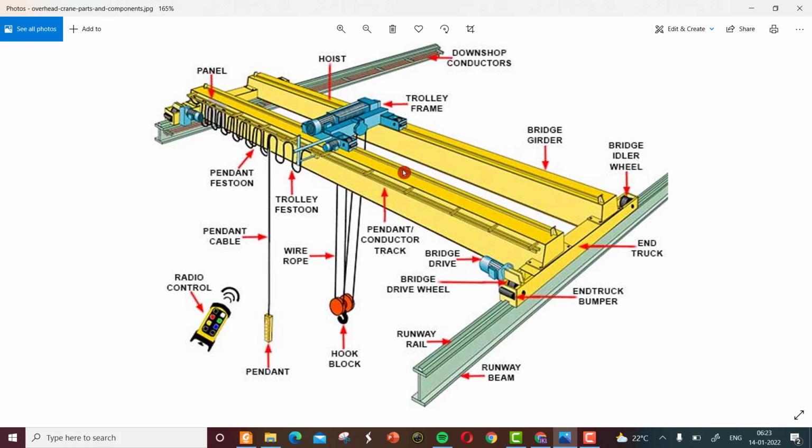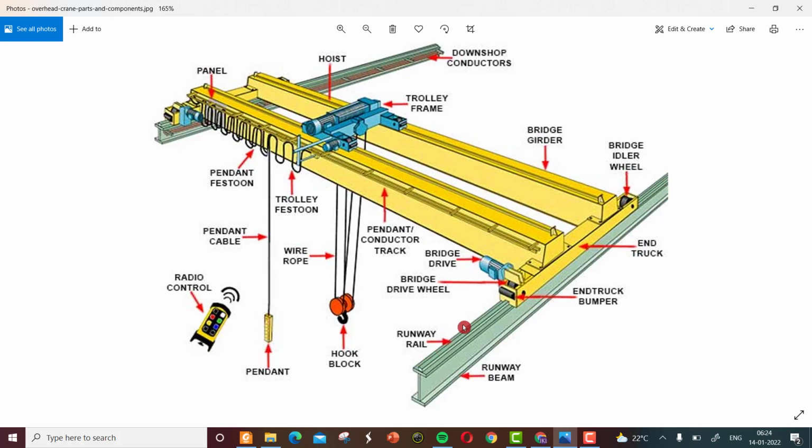You don't need to know everything, but know the basic and the very important structures. This movable part is called a crab, and the operation of this total structure is like this: the yellow element, which I called crane bridge or crane truss, is able to move in this length direction.